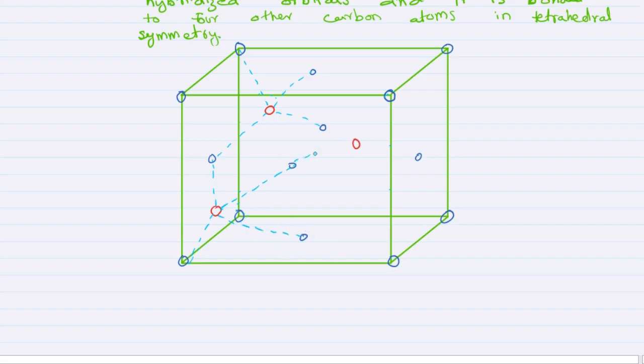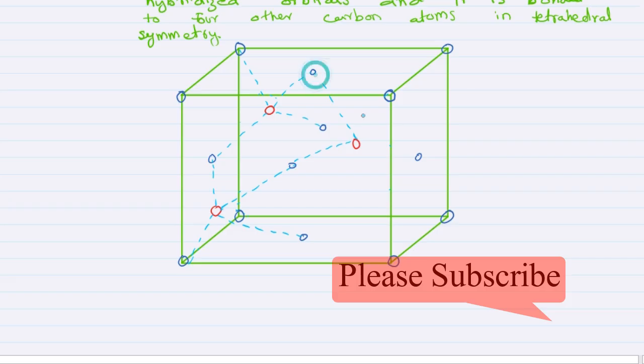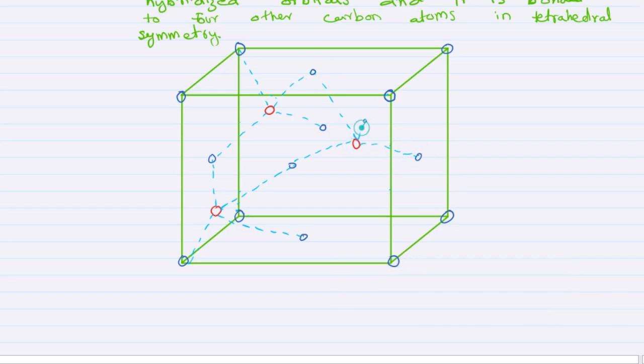Now we take the atom at the other tetrahedral position. Once again this carbon atom is connected to the further 4 carbon atoms. And now we take atom at the last tetrahedral position. So this is also connected to the further 4 carbon atoms.